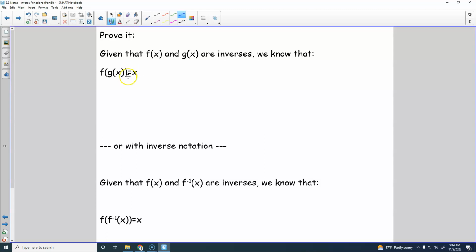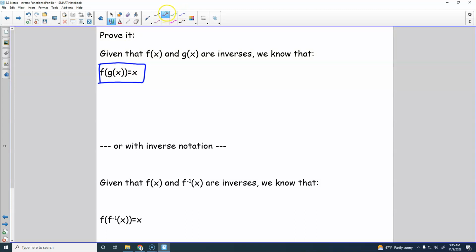So I'm going to take this known fact about inverses, and I'm going to take the derivative of both sides. On the left-hand side, what rule do I have to use? Not product. I'd use product if it was f of x times g of x. This is chain because it's f of g.